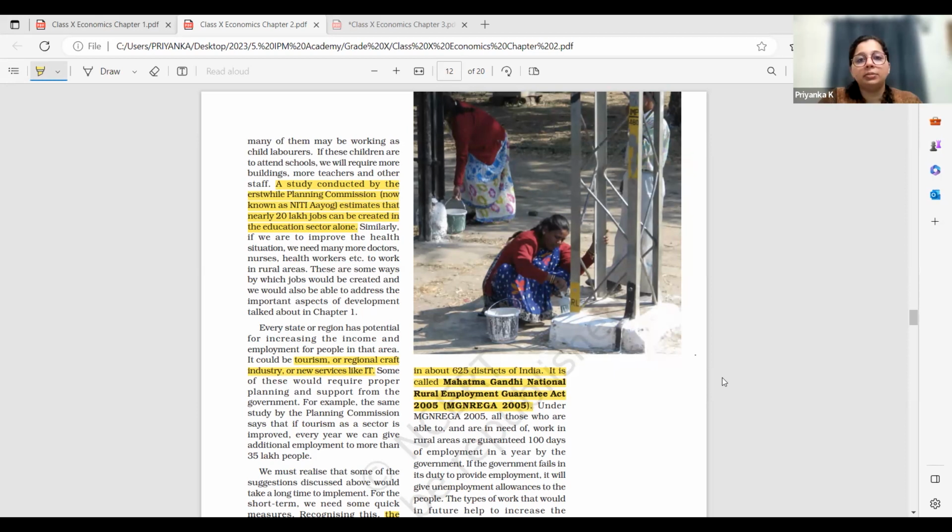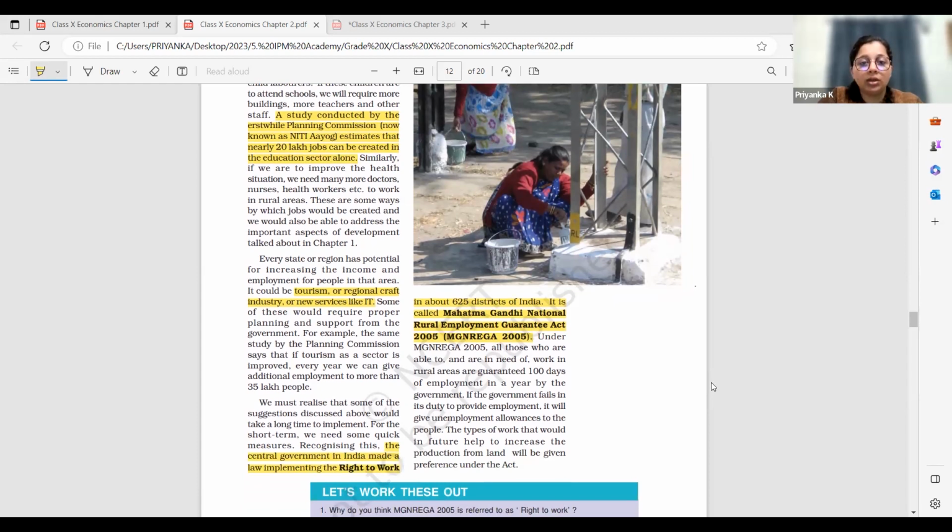And there are programs or schemes like MGNREGA, which is the Mahatma Gandhi National Rural Employment Guarantee Act 2005. There are certain acts like this which guarantee that people in the rural community have at least 100 days of work, which means the government is trying to support people in the rural area by ensuring that they have at least 100 days of work in a year, which means they are getting income for those 100 days.